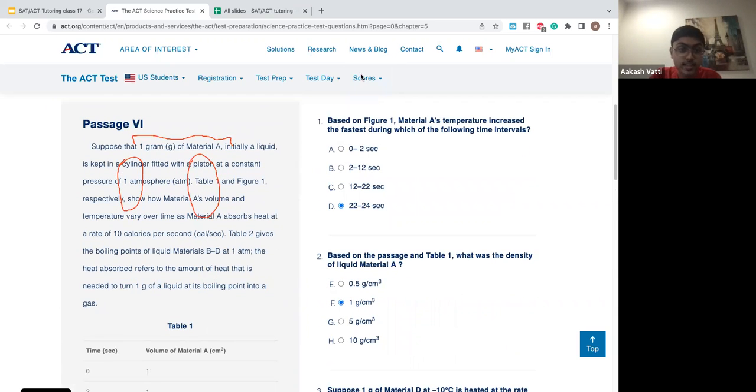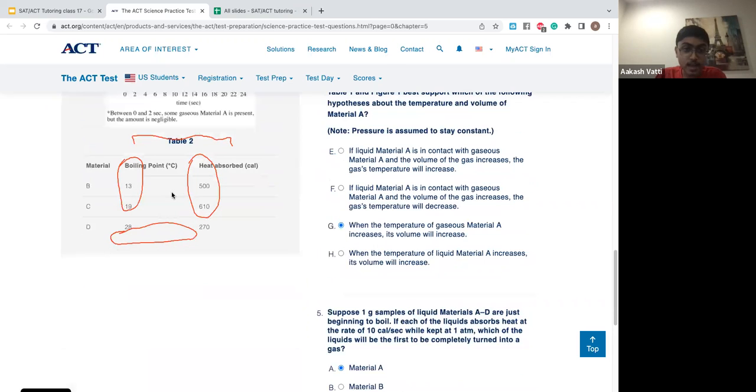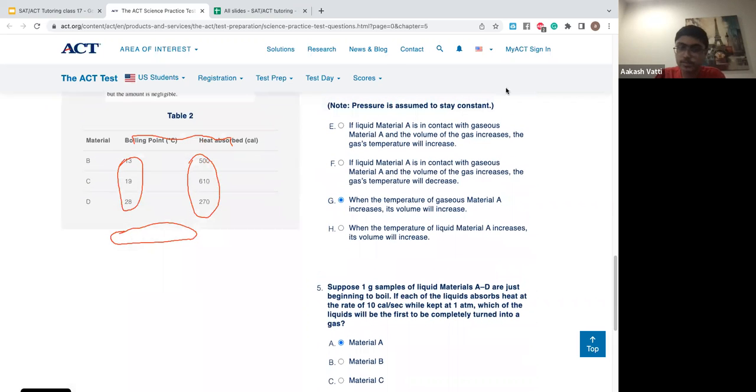Where does it say 10 calories? Right here. So you can assume that it absorbed 200 calories of heat, and its boiling point is also a lot lower. So it took A 20 seconds to boil.